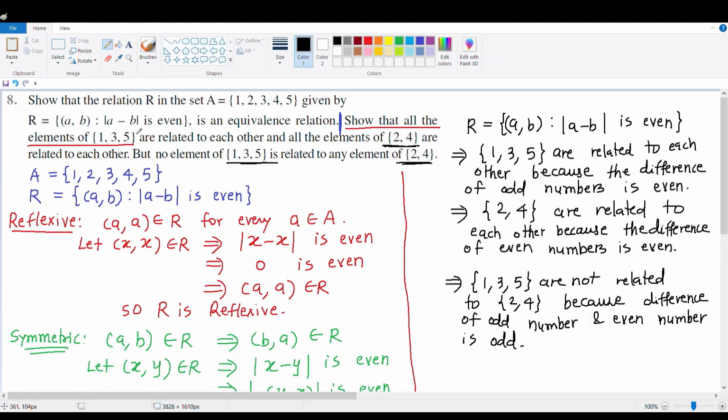Because the difference of any two elements in this is going to be even. 2, 4, both are even, so again the difference of any two numbers in this is going to be even. But from 1, 3, 5 to 2, 4, these are all odd numbers, these are all even numbers. So the difference of odd and even is never going to be even, it's always going to be odd. So it's not related from 1, 3, 5 to 2, 4.